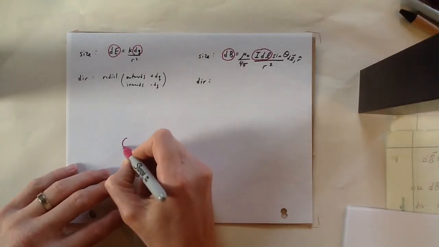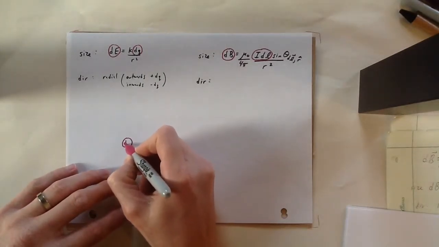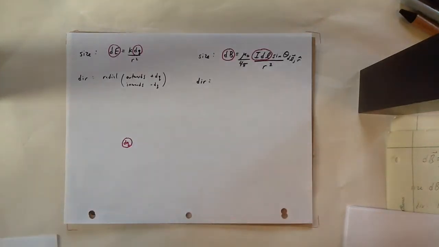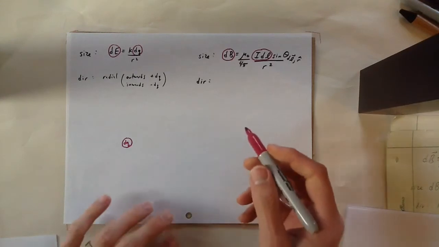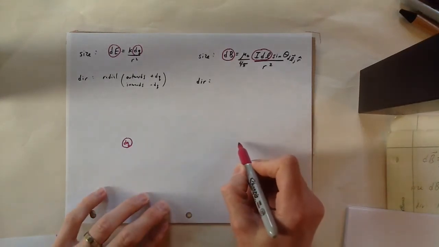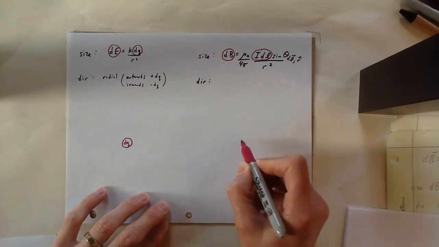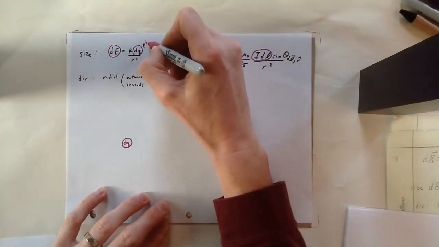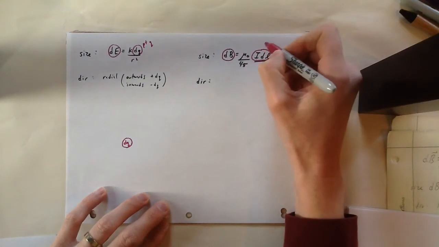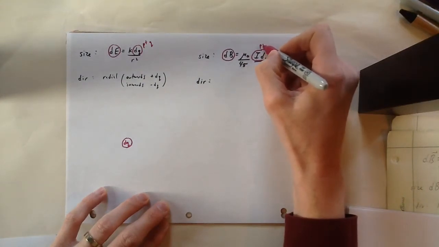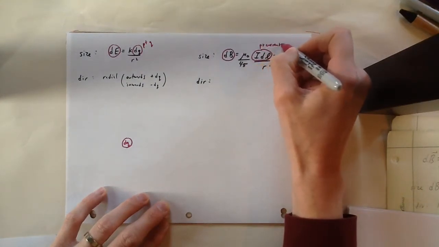So here we have a little dq. That's of course what we might call a point charge, an infinitesimal point charge. And the equivalent over here for the Biot-Savart Law is what I'll call, sort of an analogy, a point current.